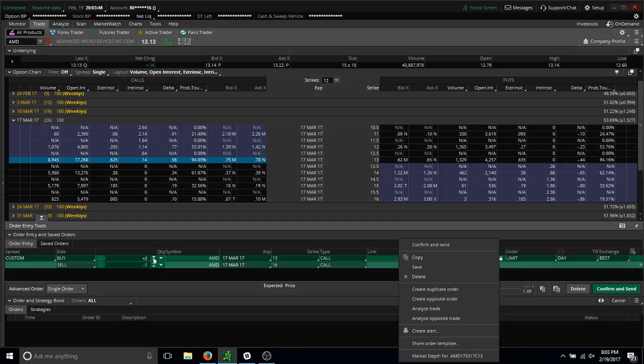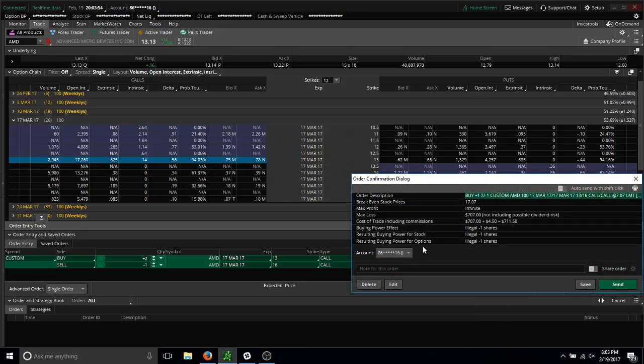So he said about 1.5, so this should be not quite as much risk, but we're going to go ahead and try this anyways. So my max profit is infinite, my max loss is 707. So this is covering my ass a little bit, but I can still increase my chances or my profits.